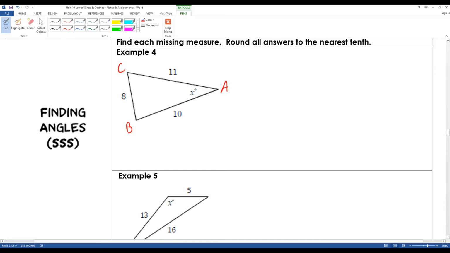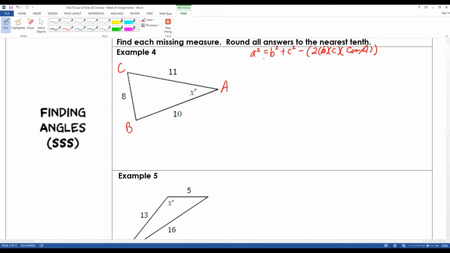So I'm going to use A squared equals B squared plus C squared minus 2BC times the cosine of A. All right, let's fill in the info. We're looking for the angle now.